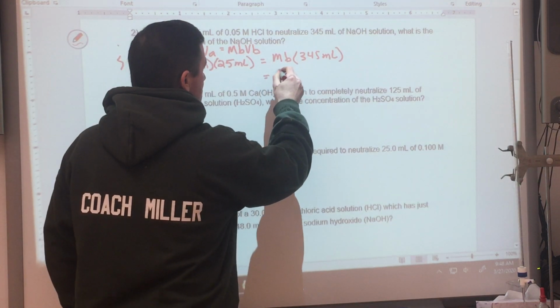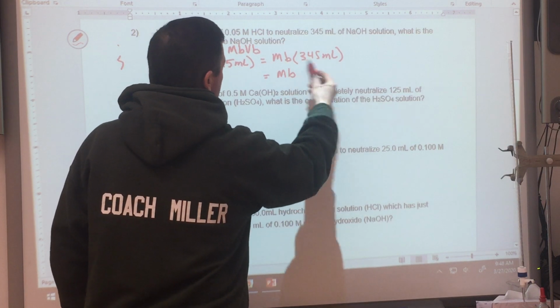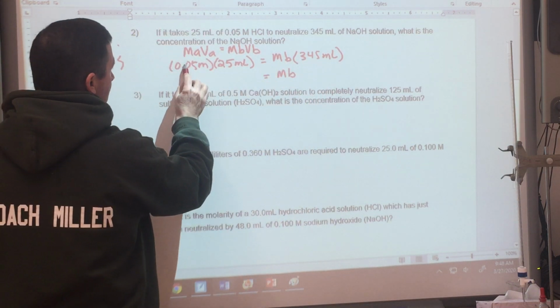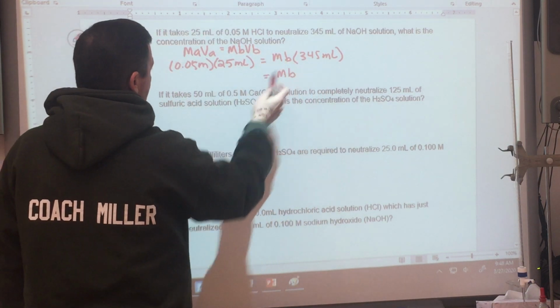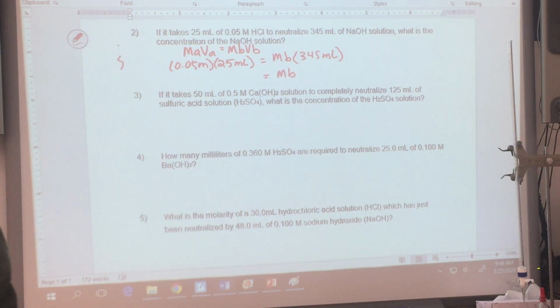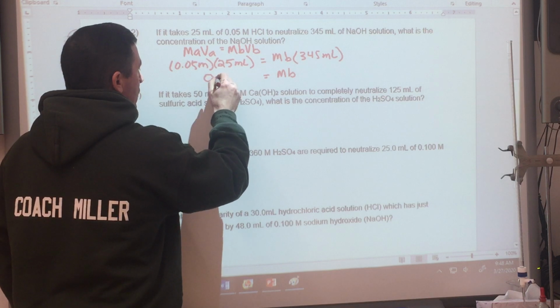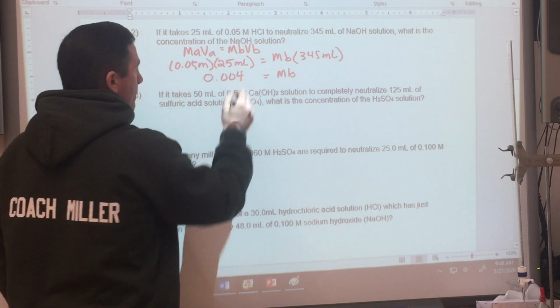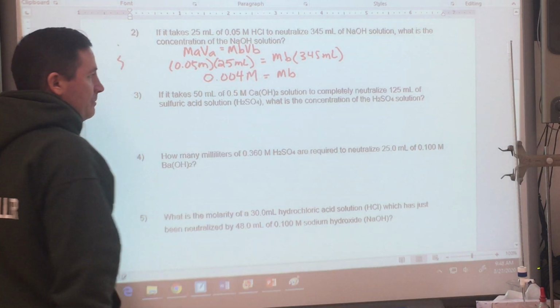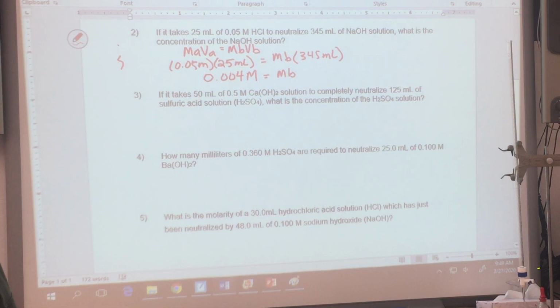So basically, I'm going to bring this down here, multiply that by that, and divide it by that. And when you do that, you get a pretty low molarity of 0.004 molar. That's very, very weak.